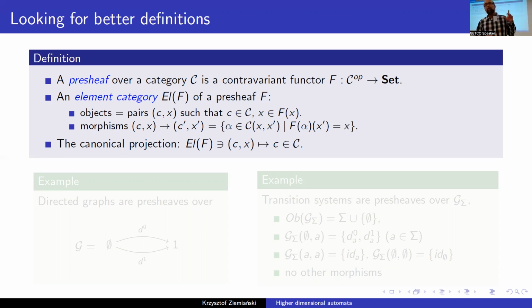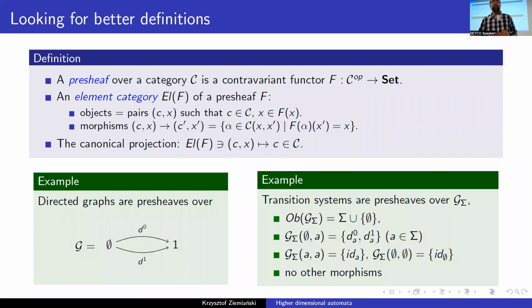In fact, there are two ways of thinking about presheaves, either as contravariant functors to the category of sets, or via element categories and this projection functor. So I will switch between them. And maybe you're not very familiar with presheaves and this way of thinking about things, so I will give you some examples.